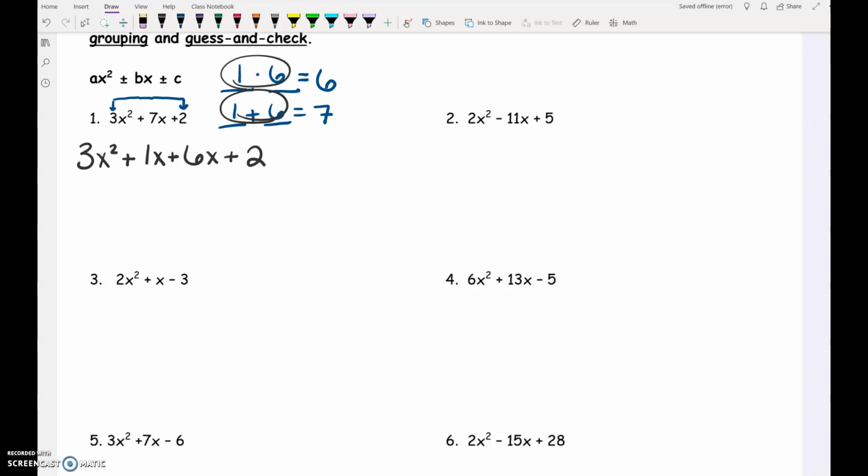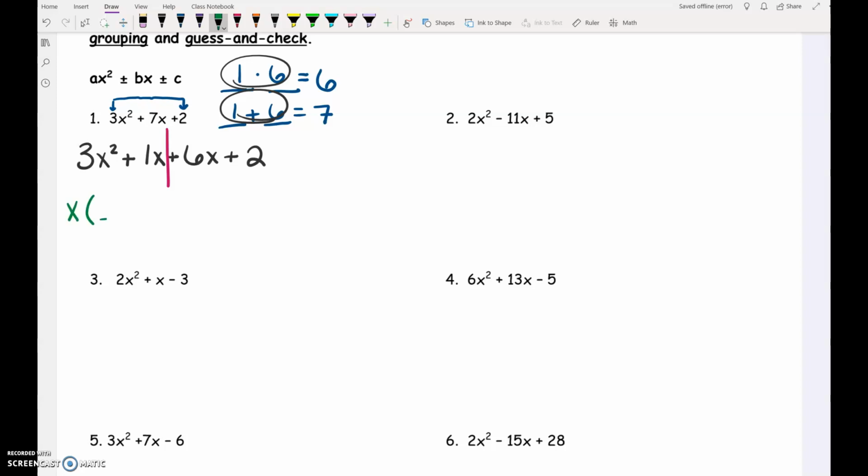Now we're going to do a thing called factor by grouping. After the second term, you're going to split this. So we have the first group and the second group. We are going to factor the greatest common factor out of each of these groups. So take a look at the first group. 3x squared plus 1x. What do those two terms have in common? 1 and x.